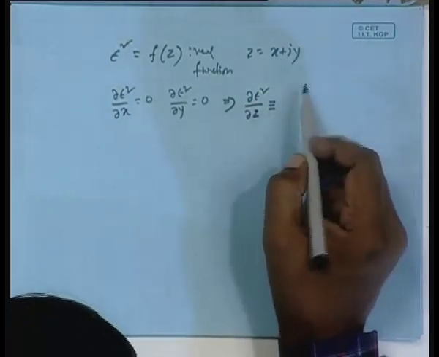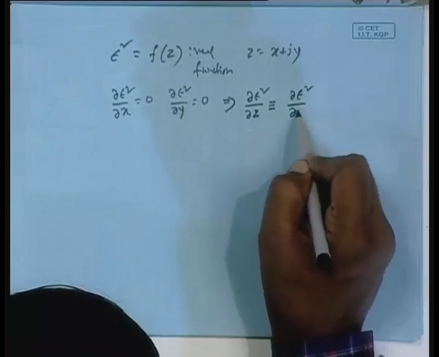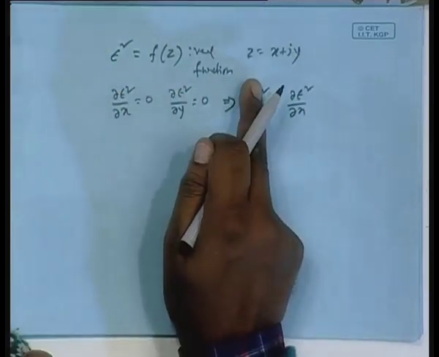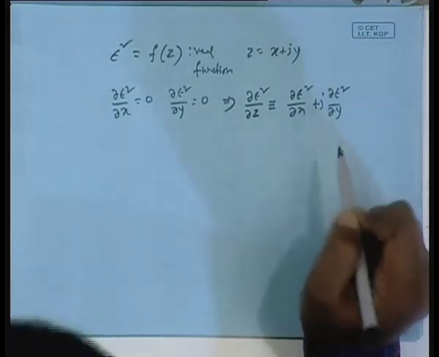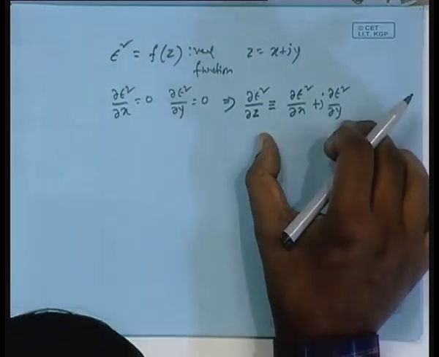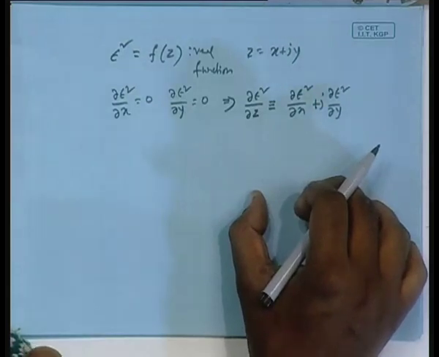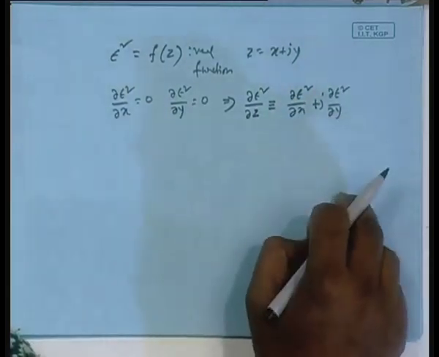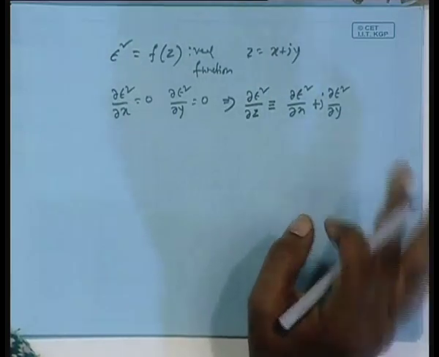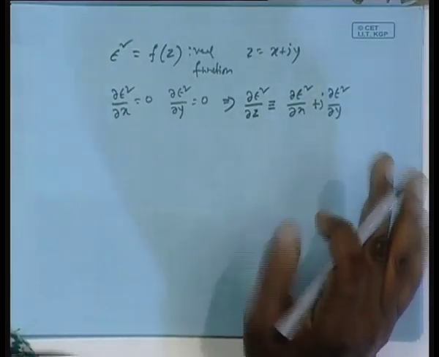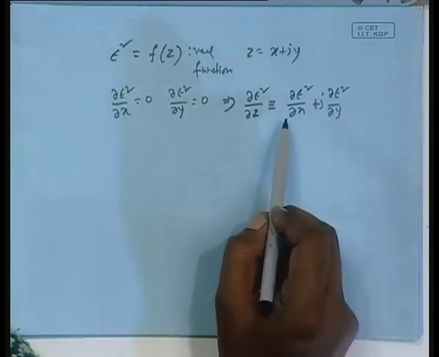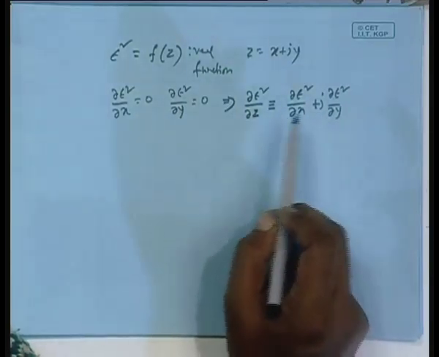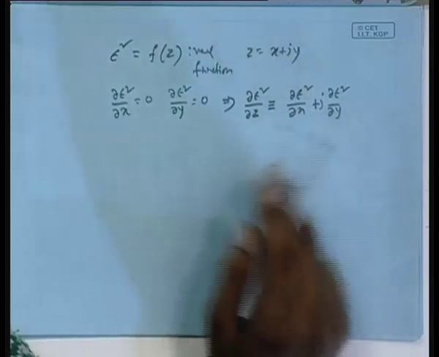This is equal to del epsilon square del x, differentiating with respect to x, plus differentiating with respect to y, and put a j here. And then if I equate it to 0, even then this will be 0, and this will be 0. 0 means complex 0, 0 plus j into 0, isn't it? So instead of having two equations, with this definition, if I proceed and equate to 0, I will still get the same minima.